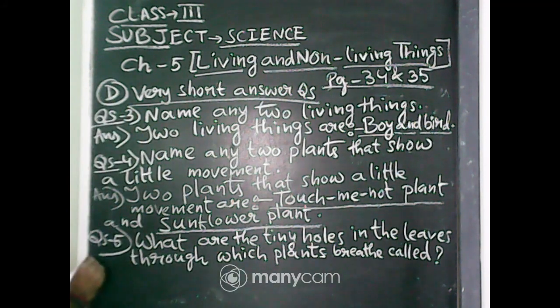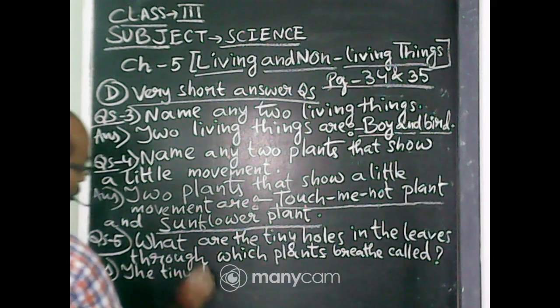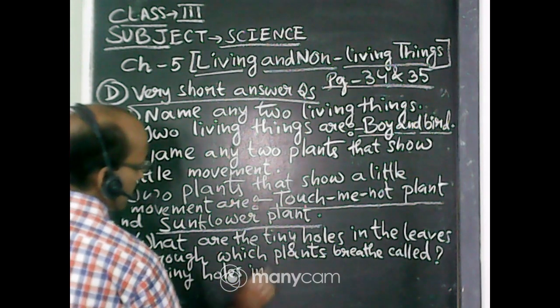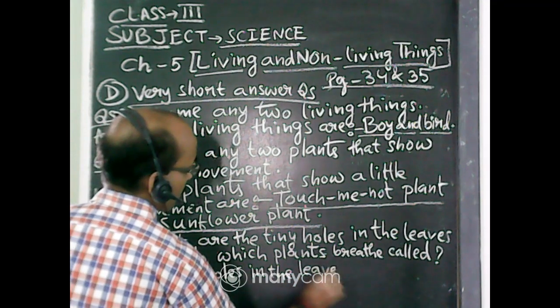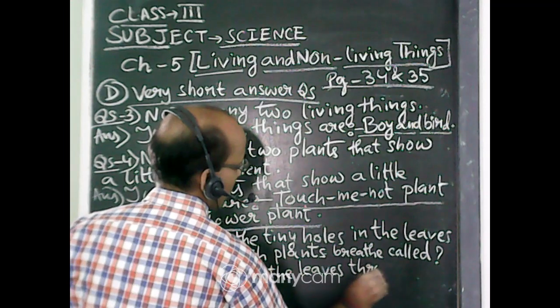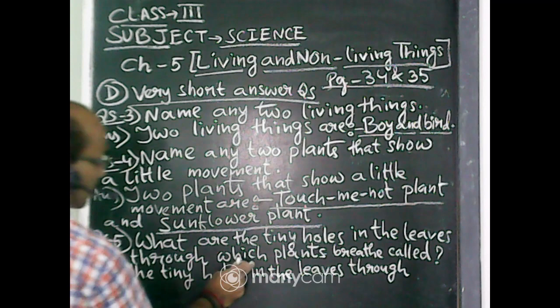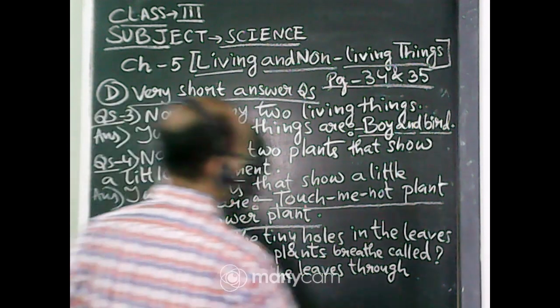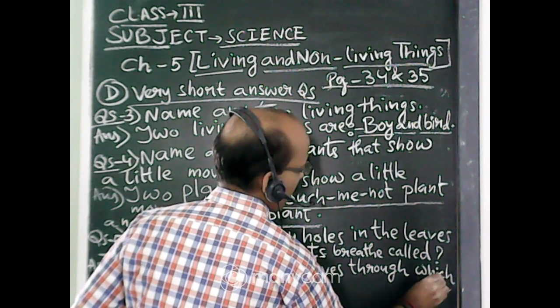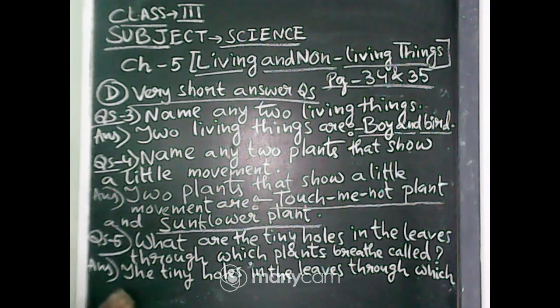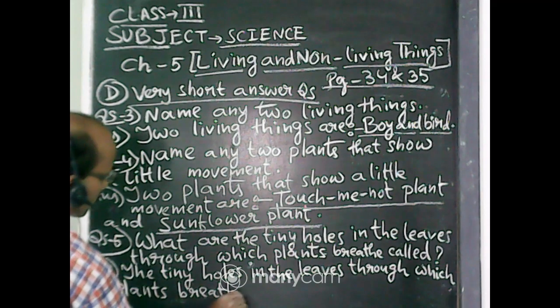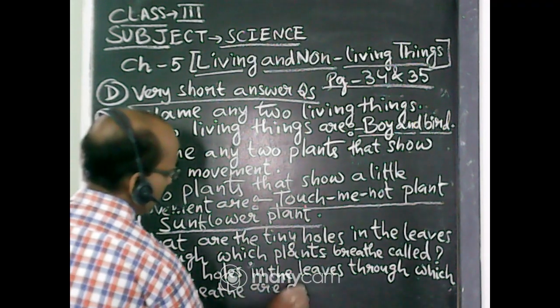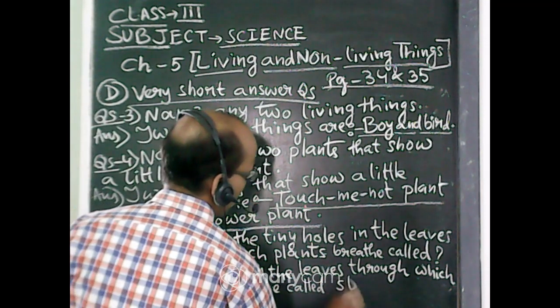The answer: the tiny holes in the leaves through which plants breathe are called stomata.